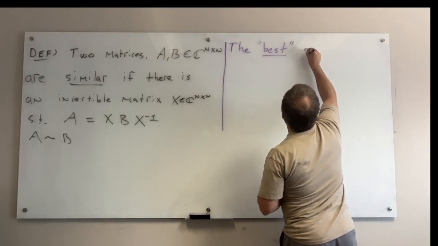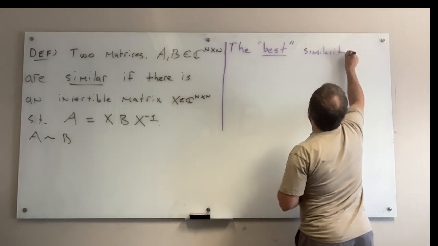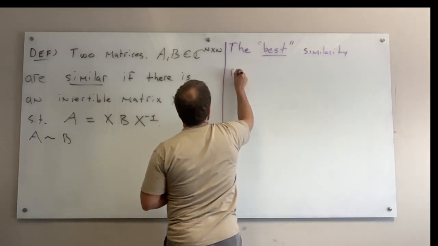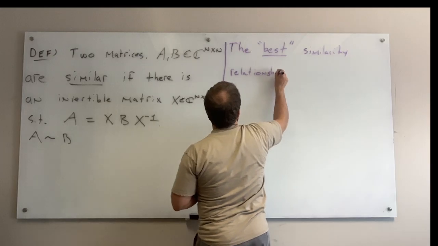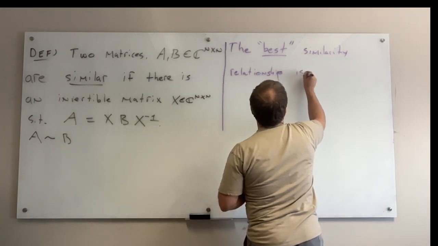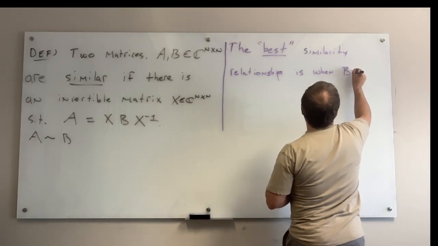The best similarity relationship is when B is diagonal.